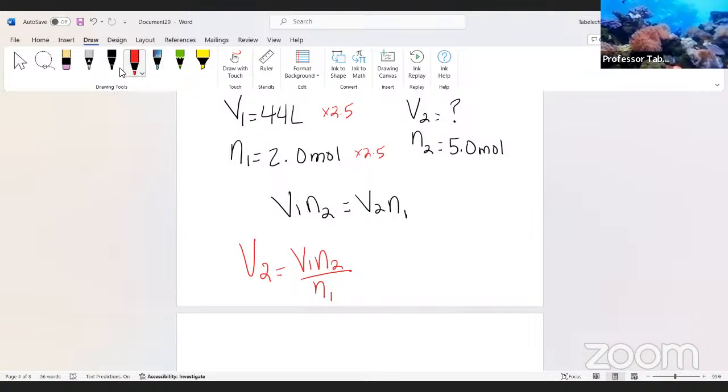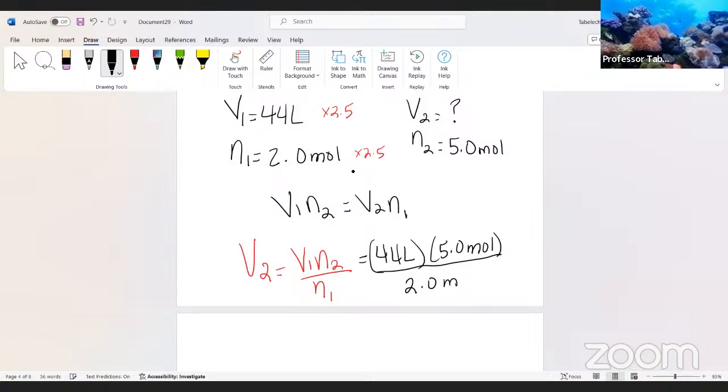So my V1 that they gave me in the problem was 44 liters. My N2 was 5.0 moles. And my N1 is 2.0 moles.